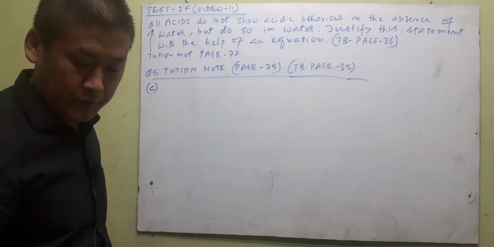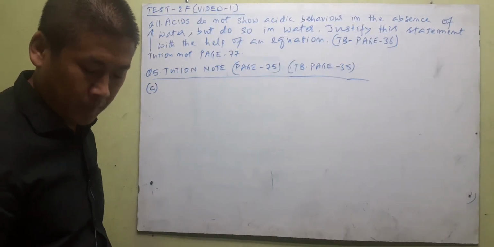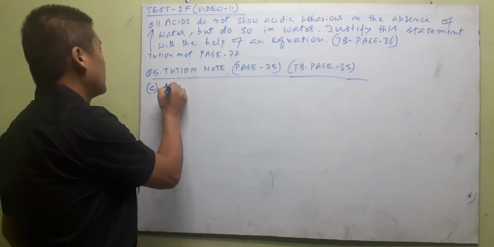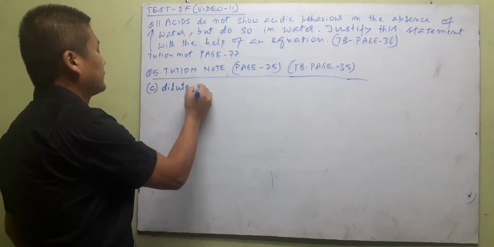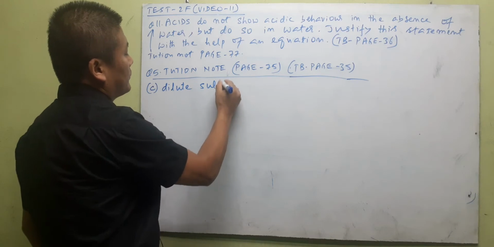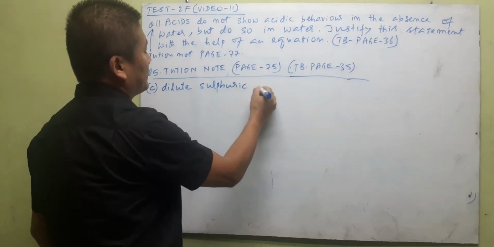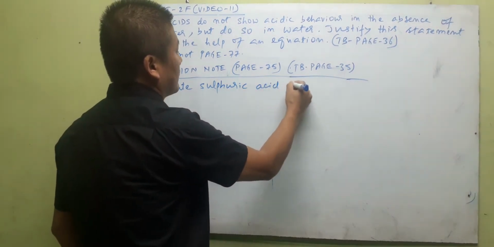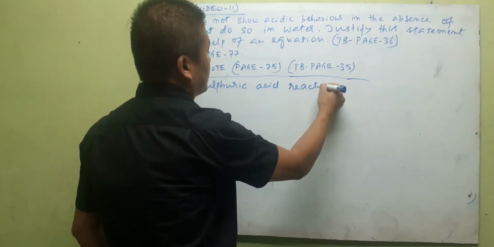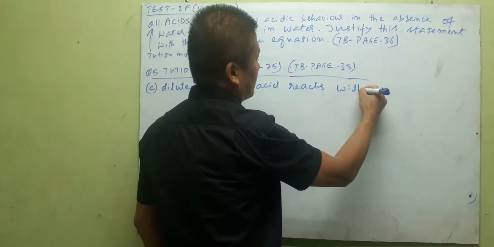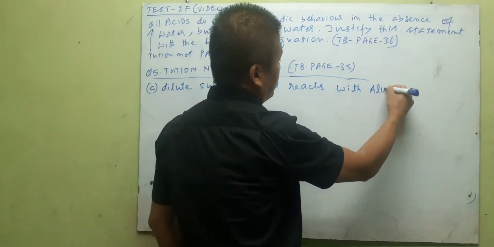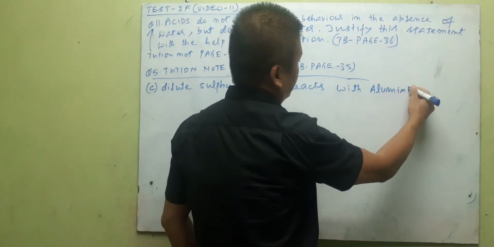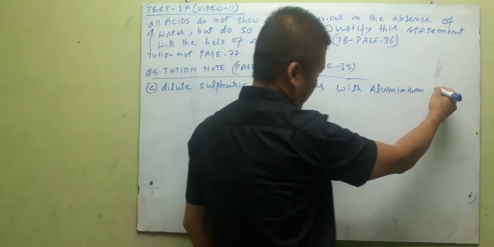So dilute sulfuric acid reacts with aluminum powder. So let us do that. Dilute sulfuric acid reacts with aluminum powder.